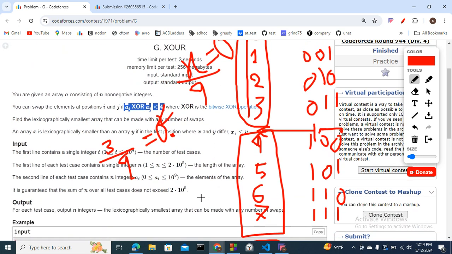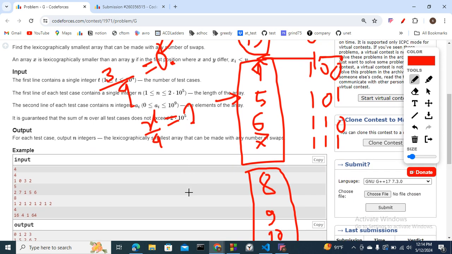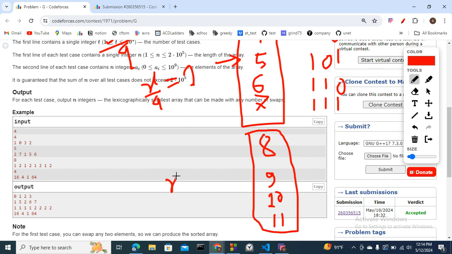In the second, any number divided by 4 is 1. In the third, it is 2, and so on. So we can only swap if the group number is the same for the two numbers.